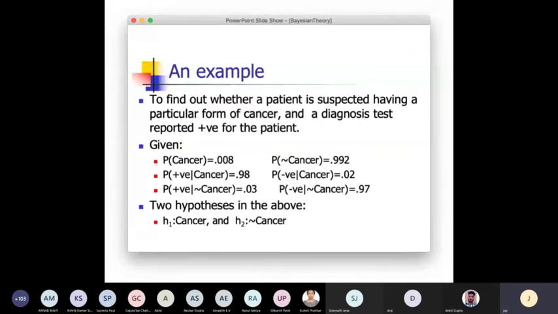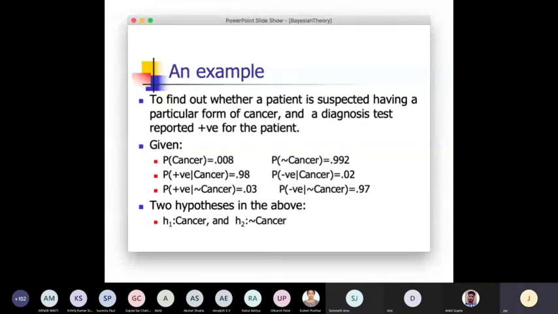What should be the maximum likelihood scenario? Positive given cancer. What is the observation?